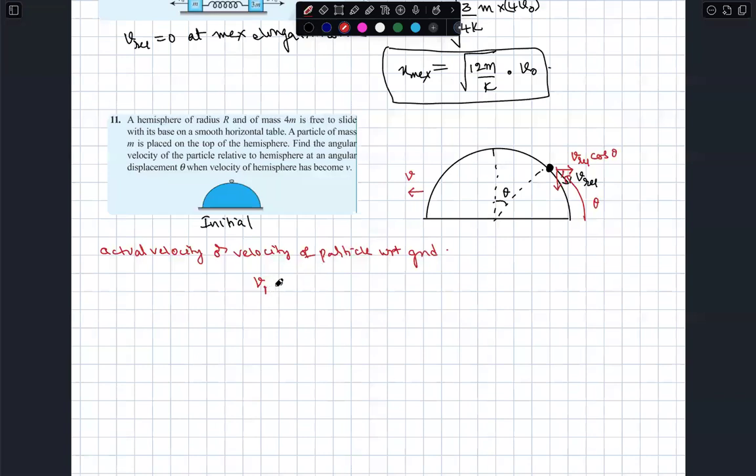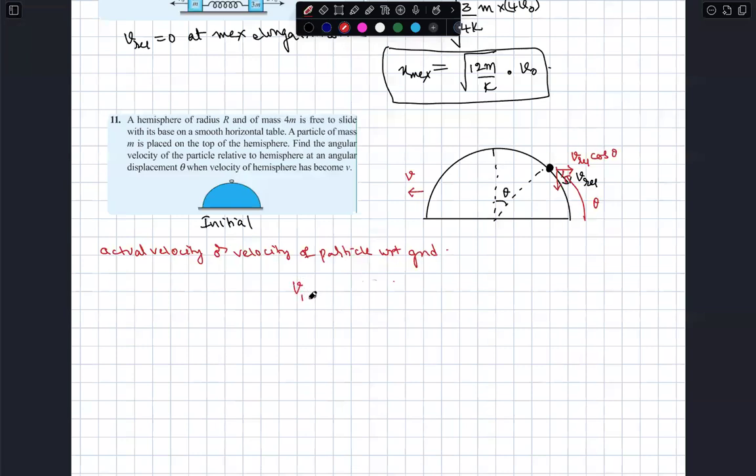Let it be V1. For example, I am taking the V1x component. This is with respect to ground. This is nothing but V relative cos theta. No, I am just defining what exactly I am writing about.